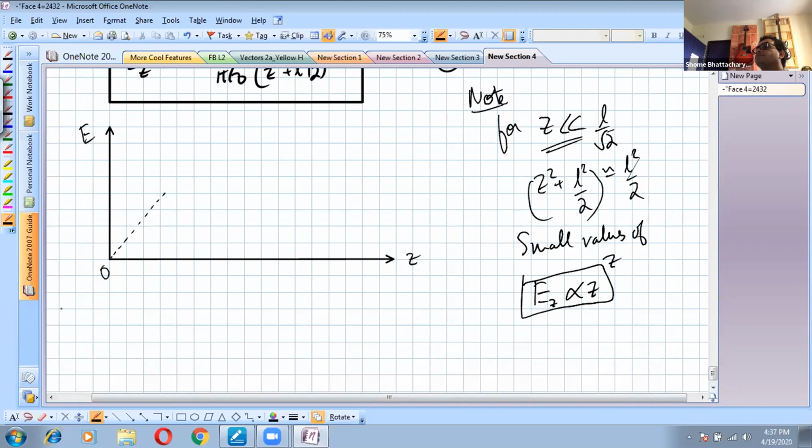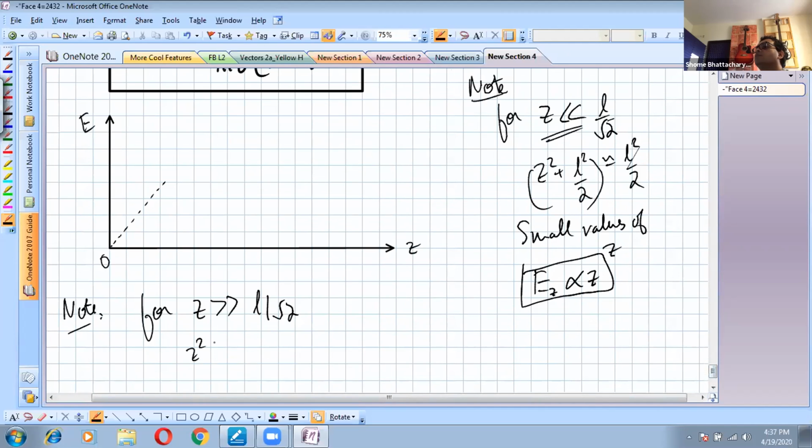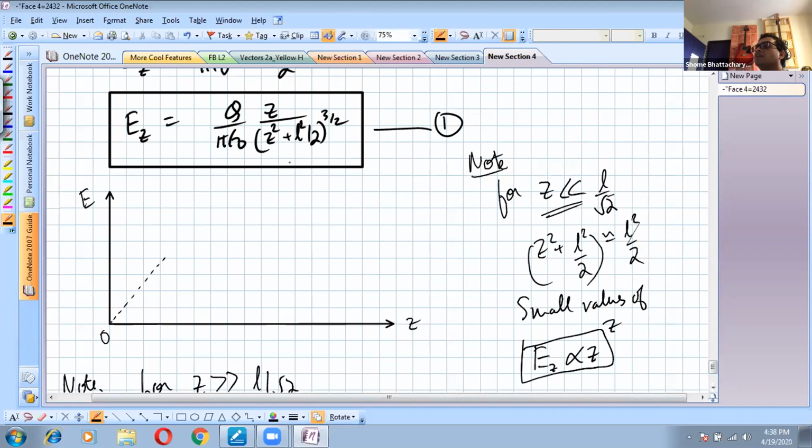Whereas on the other hand, for z being very large compared to L by root 2, it is the other way. In the denominator now, you will neglect that term, L square by 2. So z square plus L square by 2 can be approximated as z square. So the whole denominator for large values of z can be approximated as z cube.